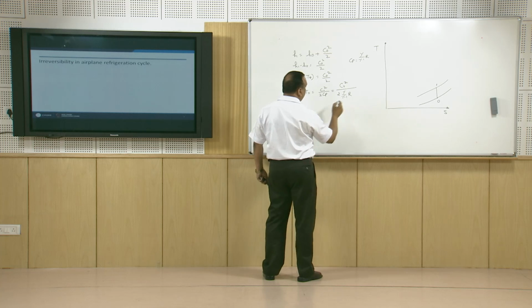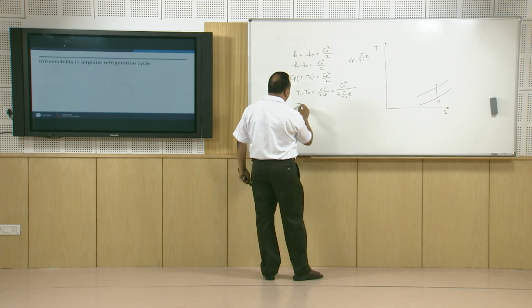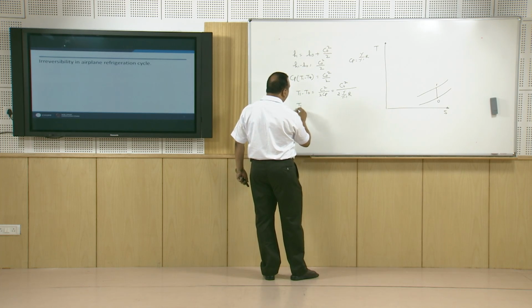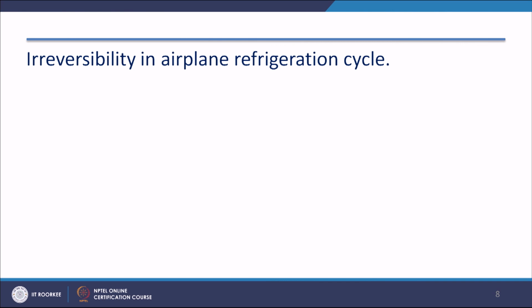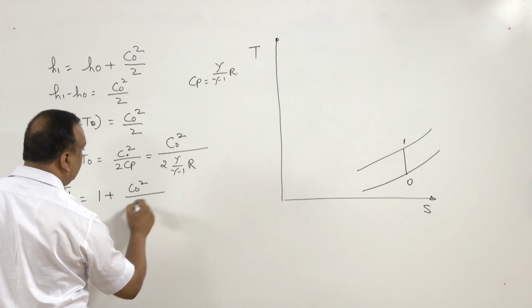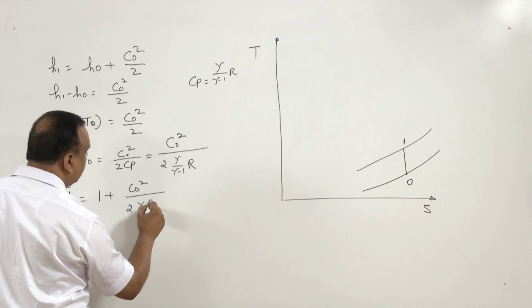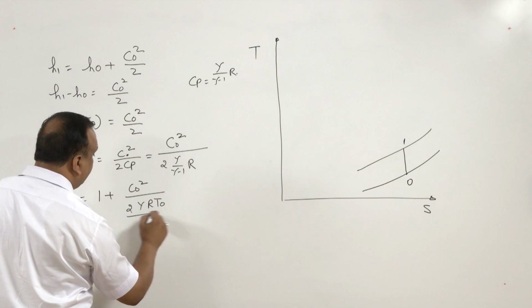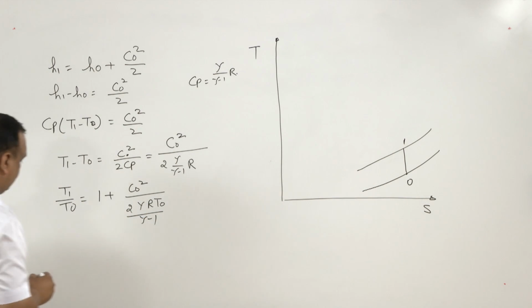Now, further, if we divide the entire equation by T0, T1 by T0 shall be equal to 1 plus C0 square divided by 2 gamma R T0 over gamma minus 1.